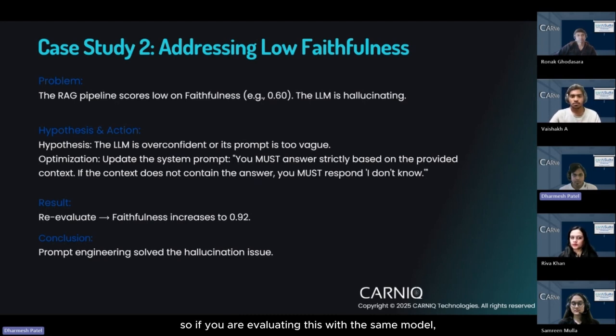If you are evaluating with the same model, it will also provide you scores which are relatable, but it is not the same as when you use a high-end model for generating these scores. But yeah, it is not a must that you use two separate models. You can use the same high-end model for evaluating Ragas as well.